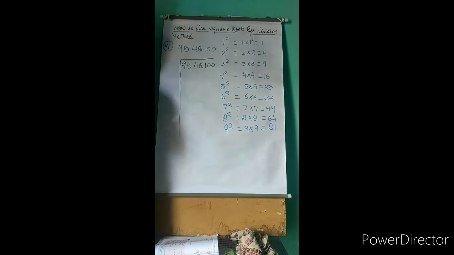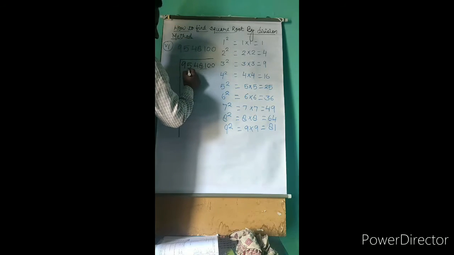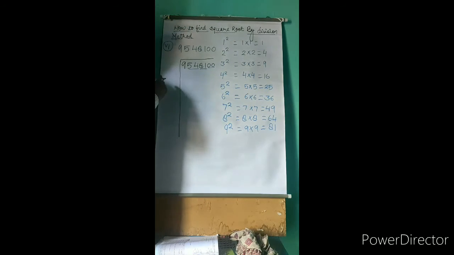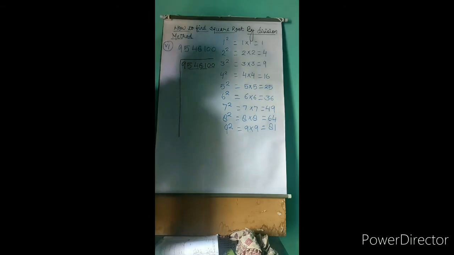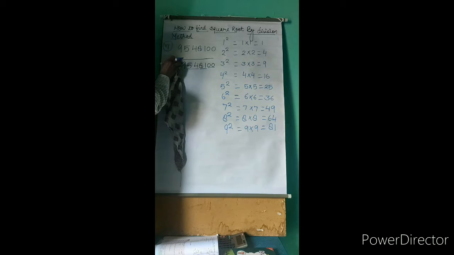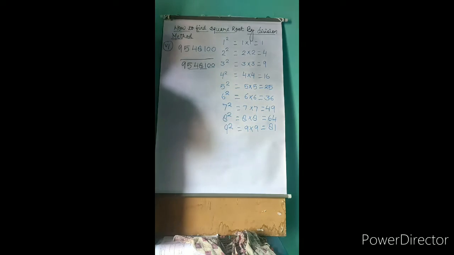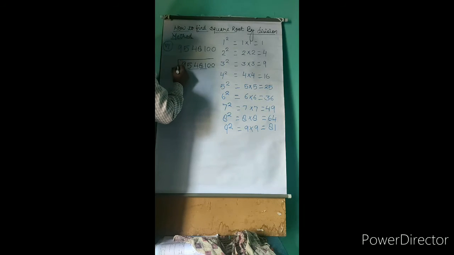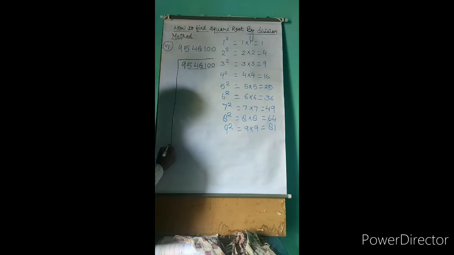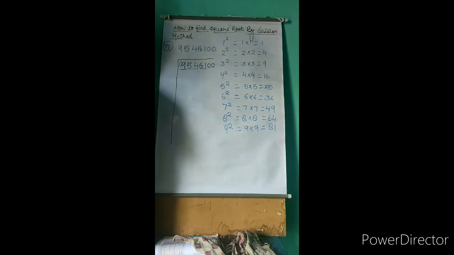So from one side we start making pairs: 2, 2, and again 9 is left alone. So you can put a 0 here to make the pair of 9 also, so that everything exists in 2.